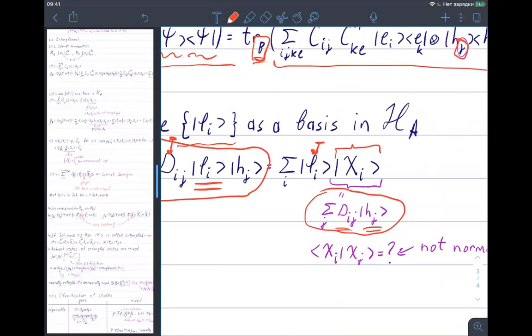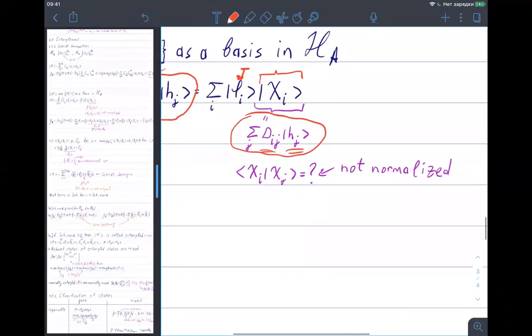Of course, this is just some set of states. For now I cannot say anything about their normalization, whether they are orthogonal or orthonormal, and so on. I think they are at least not normalized.